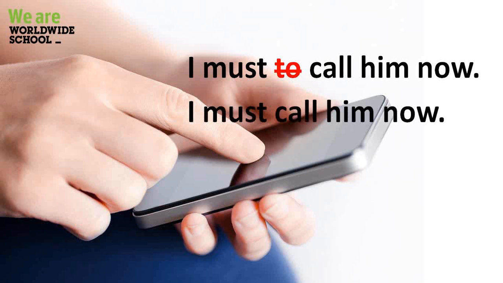Remember that with modal verbs, you don't use to afterwards. So I must call, you use the so-called bare infinitive. So infinitive, but without to. For example, it sometimes happens that once people learn this expression, I have to call him now, this to is used universally with all the other modal verbs, which is wrong, basically. So I must call him now.